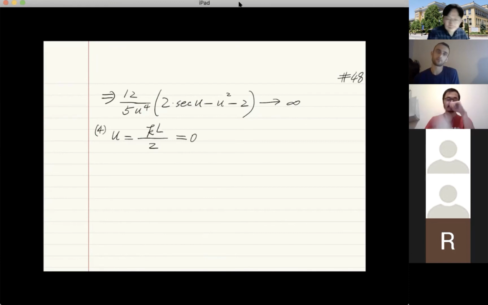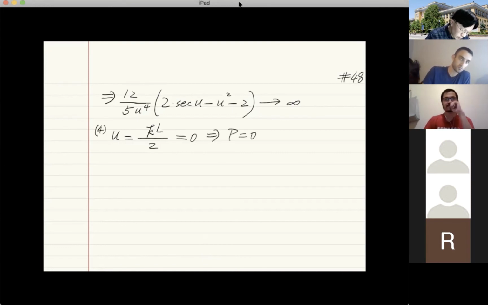This must be 0, correct? But when this new variable U is 0, what does that mean? That means K must be 0. But when K is 0, what does that mean? That means P is 0. So what's the case when P is 0? Again, there's no force. There's no loading, nothing. So this is also trivial.